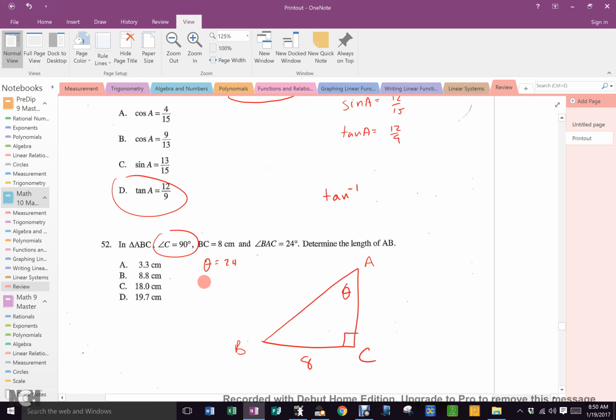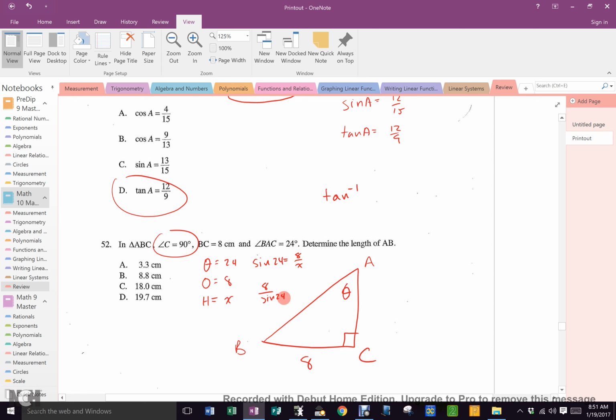What do I have? I have an opposite of 8. What do I need? AB, which is what? Hypotenuse. That's my x, correct? What uses O and H? Sine, right? Sine of 24 equals O, 8 over x. Letters on the bottom, so it's divide, right? 8 divided by sine 24.